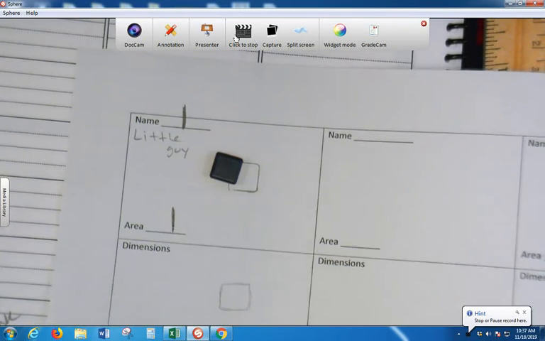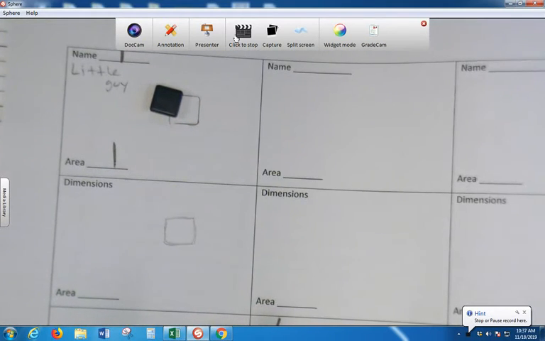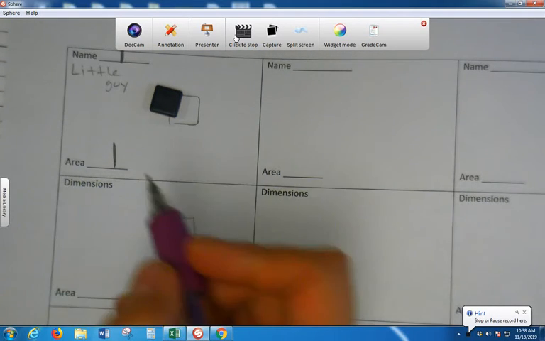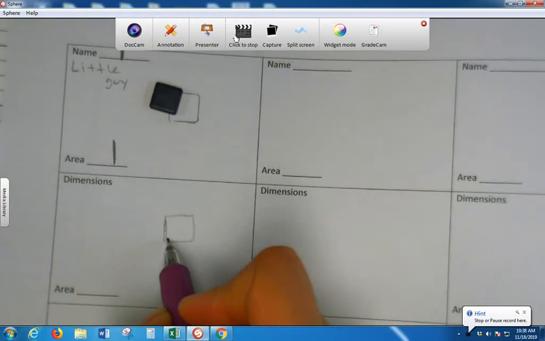Alright. Dimensions. Does anybody know what dimensions are? Not in this example, but in general. Like size? Okay, so 3D means 3-dimensional. It's like the sides, right? So dimensions are the measurements of the sides.